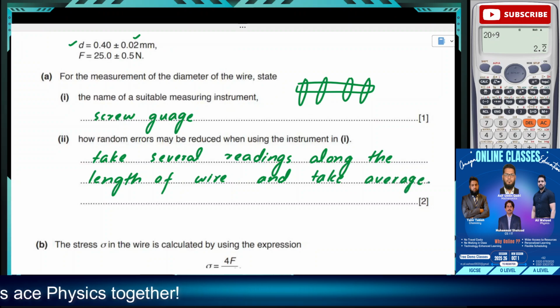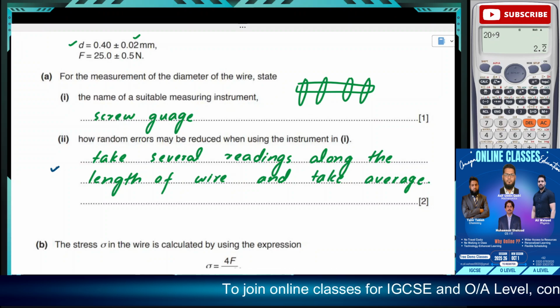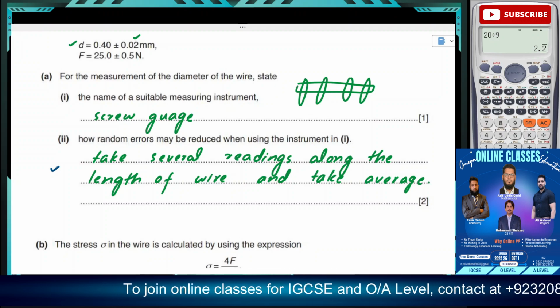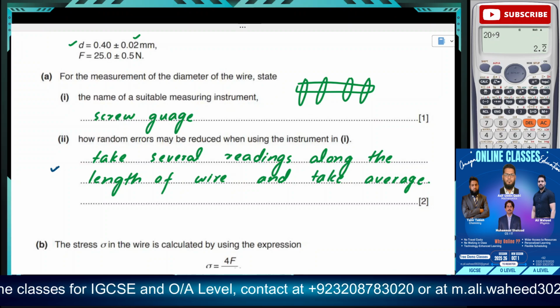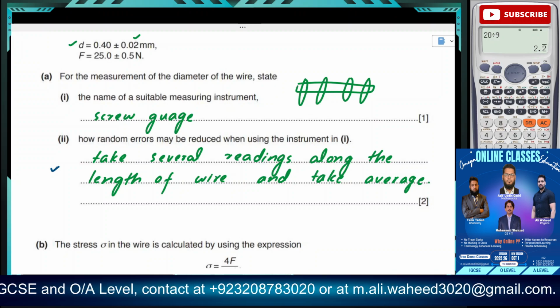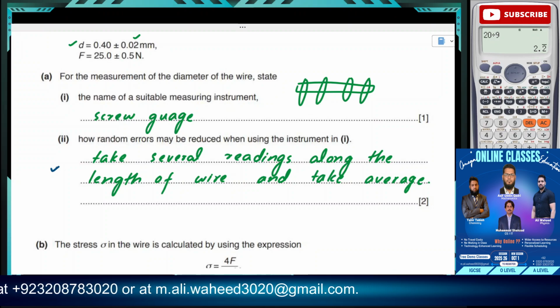The other method, which I see many students write for this one, is to avoid the parallax error. So you write for the parallax error only if the scale is vertical and the scale was not difficult to read. But that's not the case here. You have the micrometer, you can bring the micrometer right in front of you.